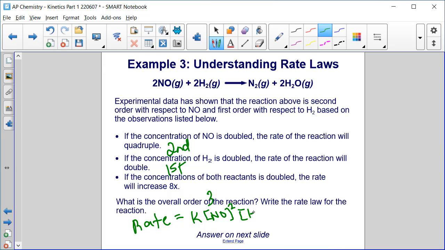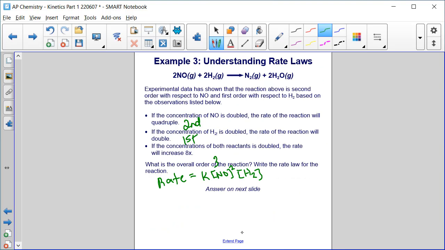And then if H2 is doubled, the rate will double. So that's first order. So we have a little 1 here that we don't write. So remember that the overall rate of the reaction is this 2 plus 1, which is third order overall. But I just want to show you why that's true.